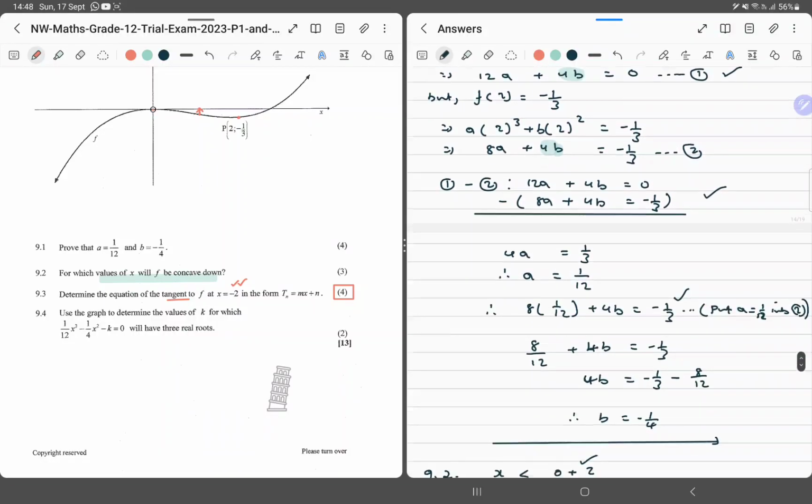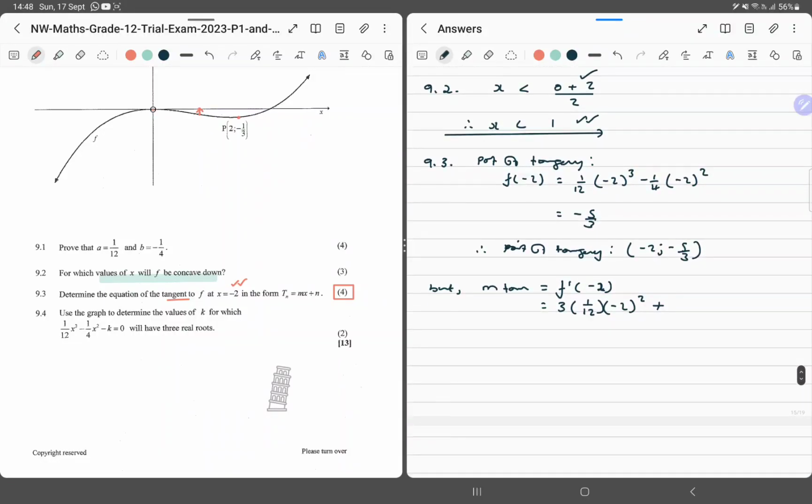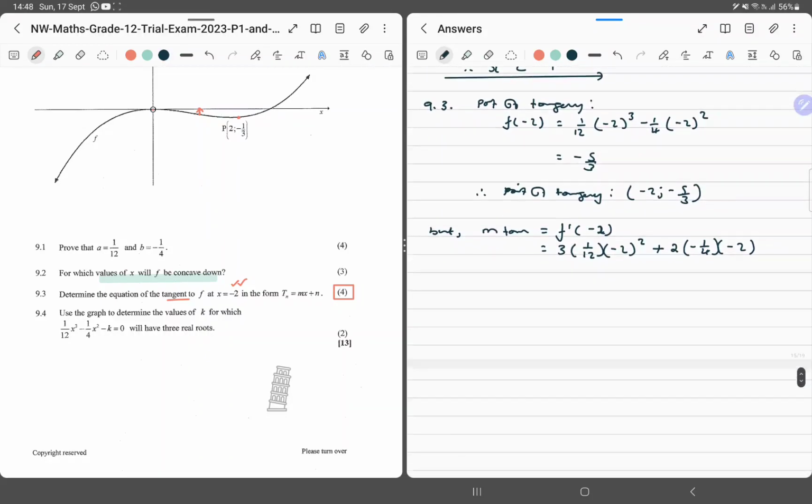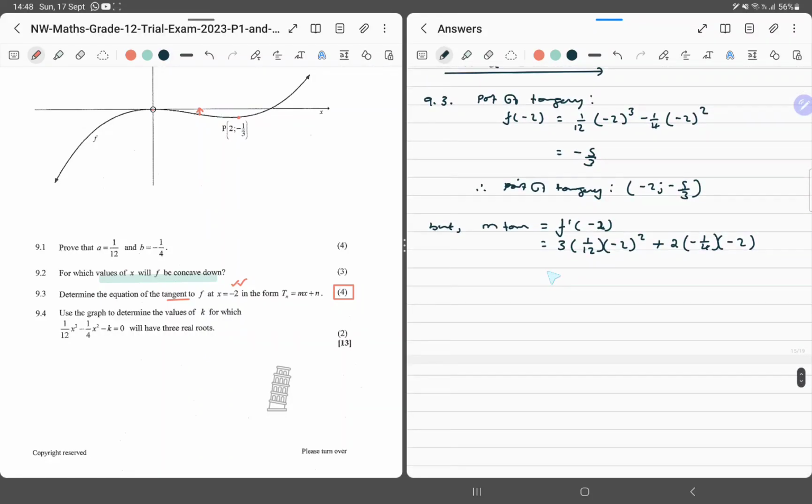Okay, so this is going to be 2 into b, we got -1/4 into x, which is -2, right? Yes. So let's find out what this tangent is. But it should be a positive gradient, I suppose. But let's see. 3 into 1 over 12.